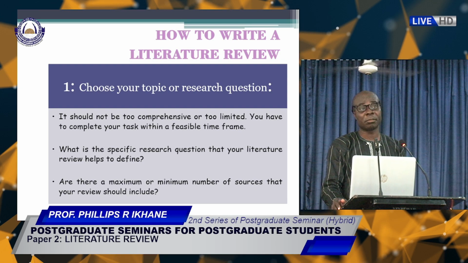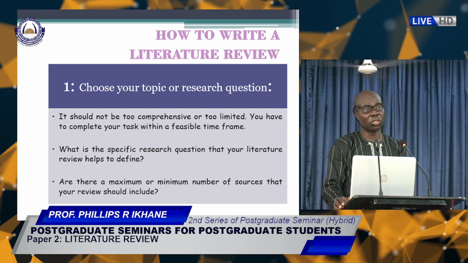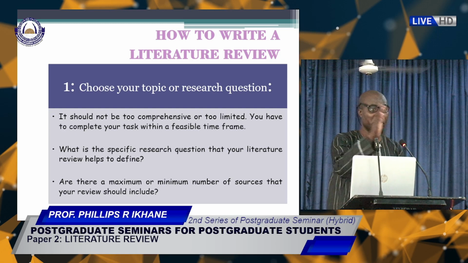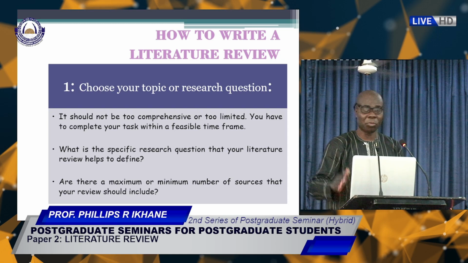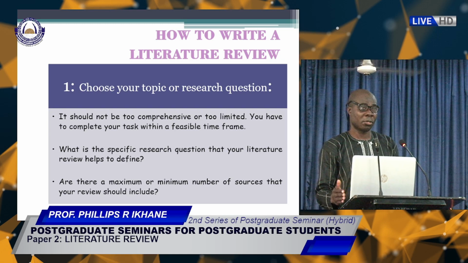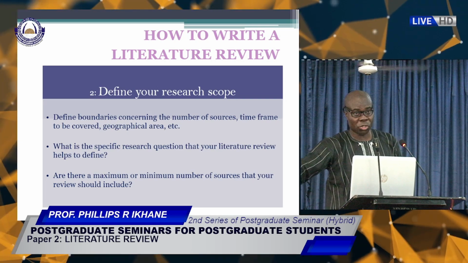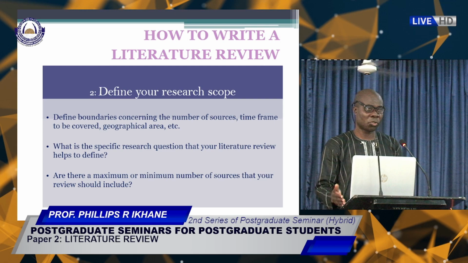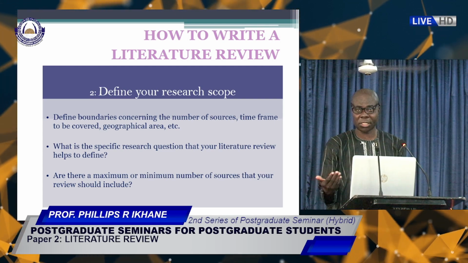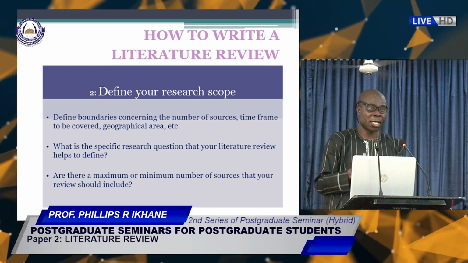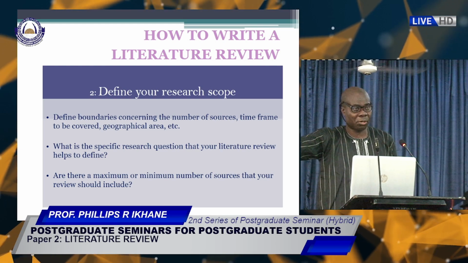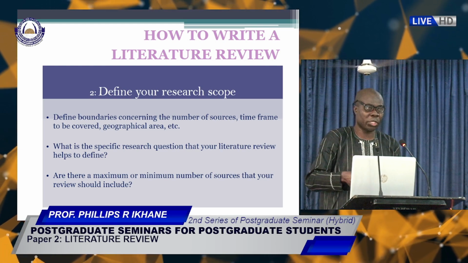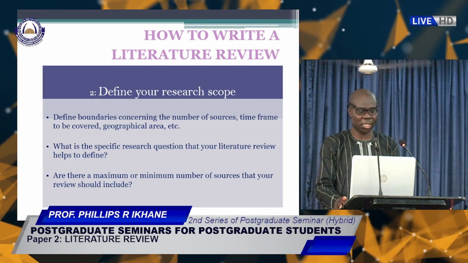The next thing is to define your research scope. You know the boundary. I'm not going across this line. I know the line where I want to stop. So if any question is asked, you can say, well, it's a job that another person can do, but my own research ended at this boundary.